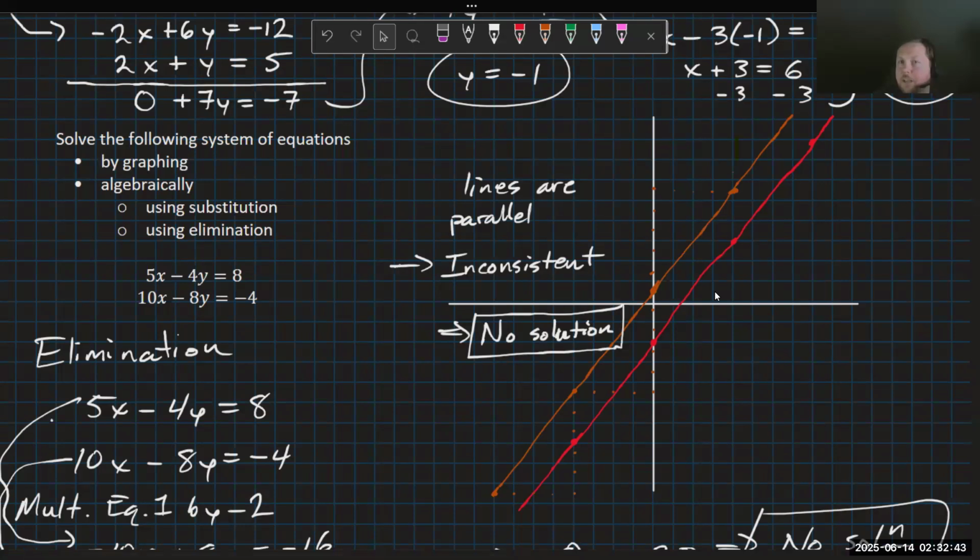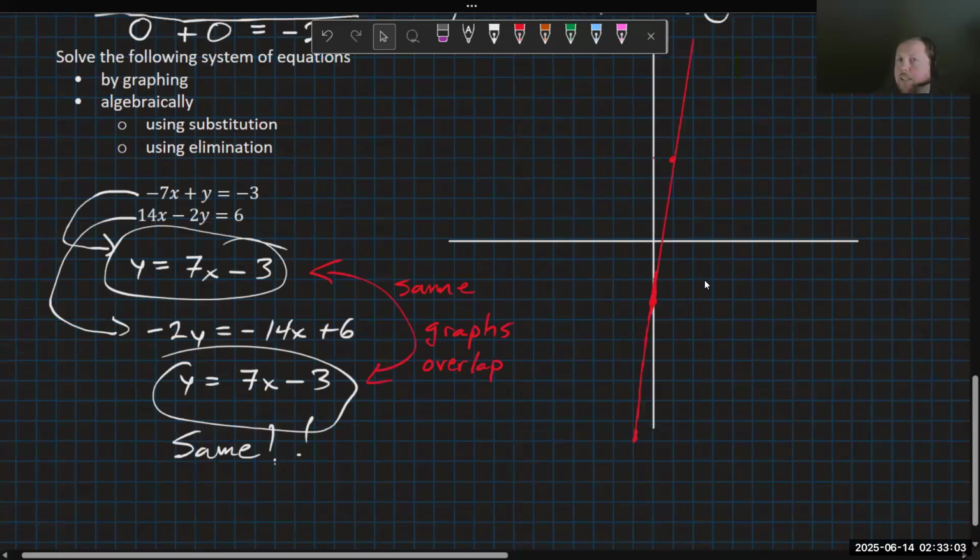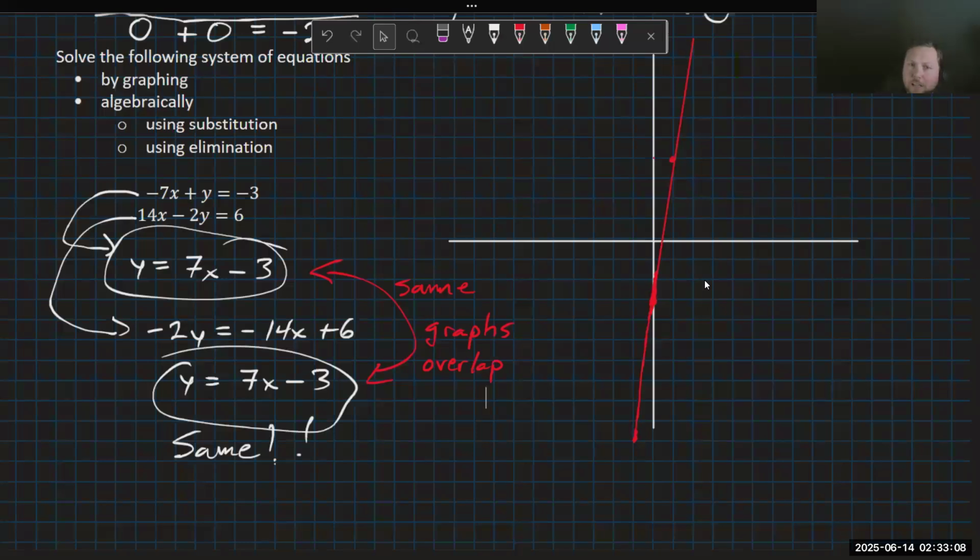They didn't touch anywhere, right? So these parallel lines in two-dimensional, flat space never cross each other, which means that there's never going to be a solution. And what if we had two parallel lines except they were the same line? They have the same slope, they have the same y-intercept. This is the situation where we have infinitely many solutions.